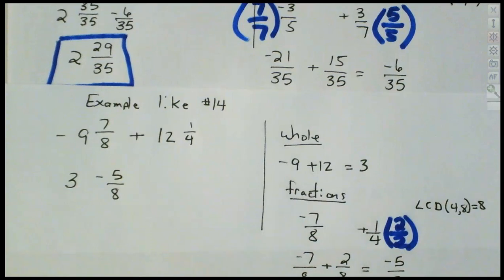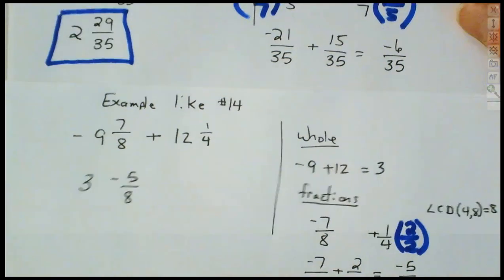What do we do when we see this question? We take the whole numbers and we combine them together. Then we take our fractions and we combine them together with the common denominator. Once we get to this point, how do we put it all together? We need to borrow.